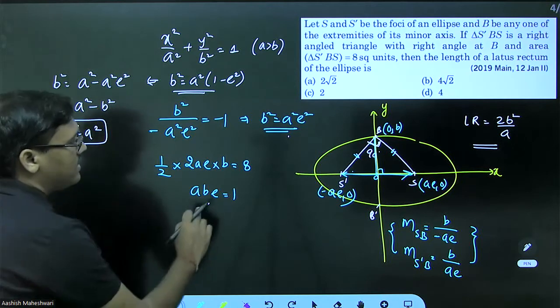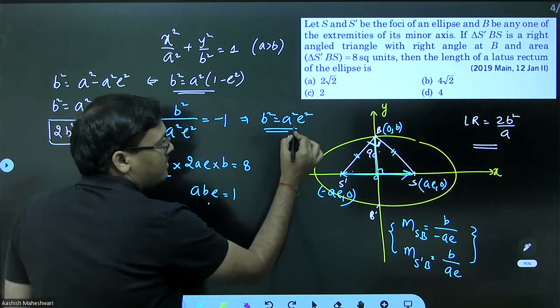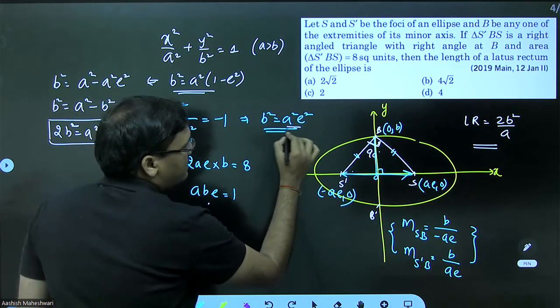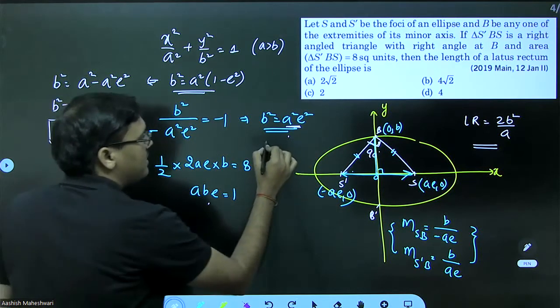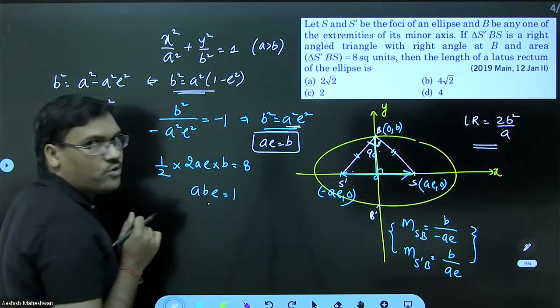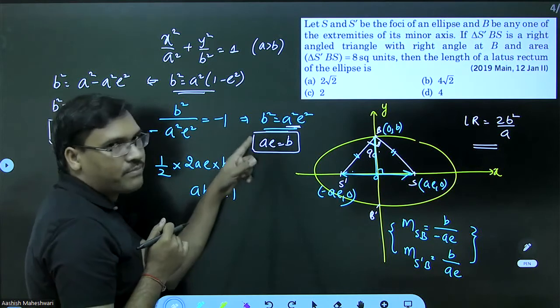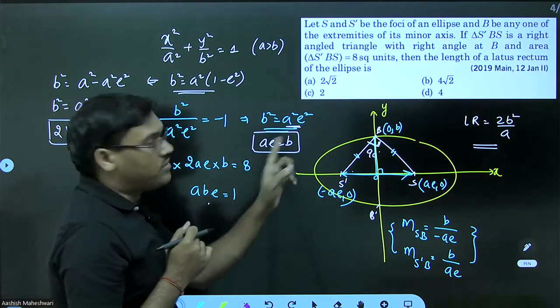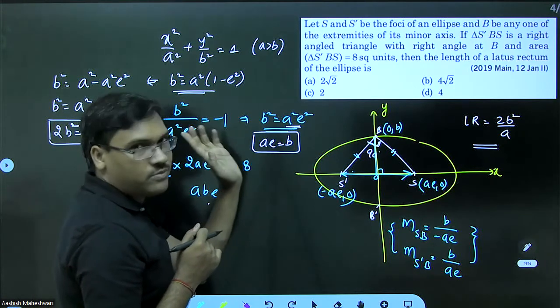And here you can see from this, see carefully, this is A square E square. So I can say AE will be equal to B. You don't have to take plus minus because all these values are considered positive. If A is positive, B is positive, right?